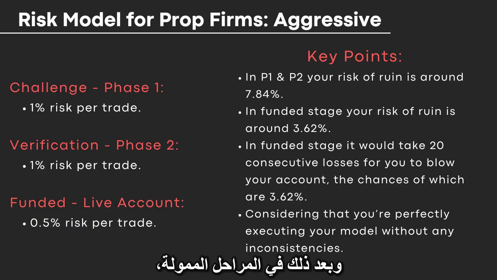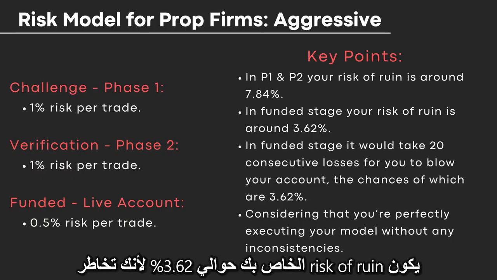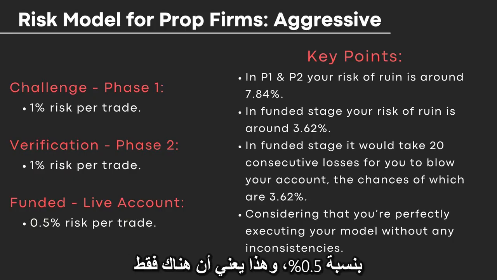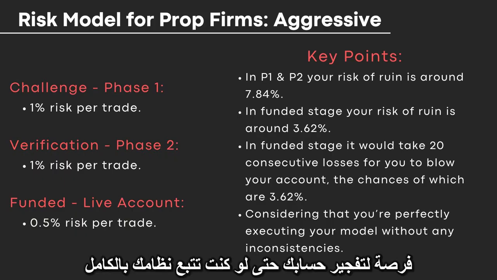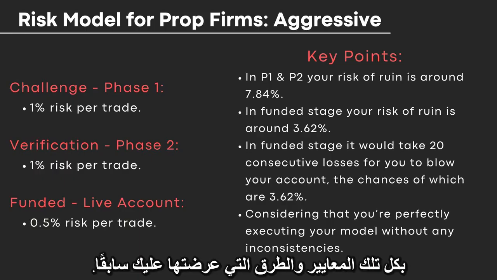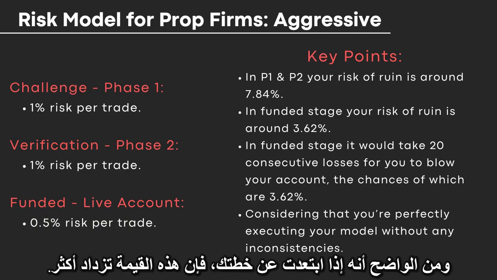And then in funded stage, your risk of ruin is around 3.62% because you are risking 0.5%, and it means there is only a 3.62% chance of you blowing your account even if you're fully following your plan consistently with all those parameters and methods that I showed you earlier. And obviously, if you move away from your plan, this value increases once more.